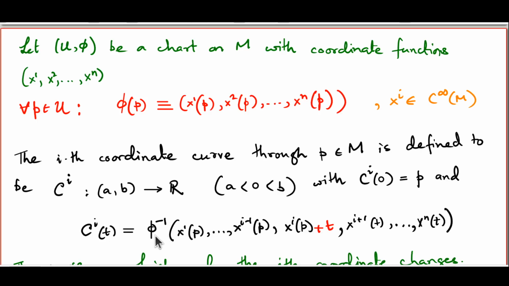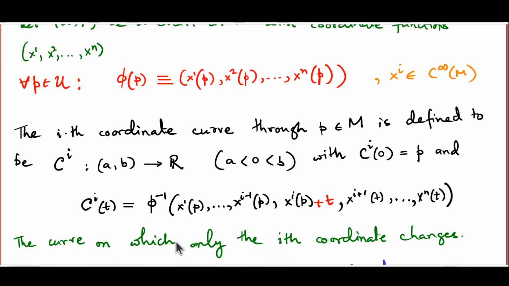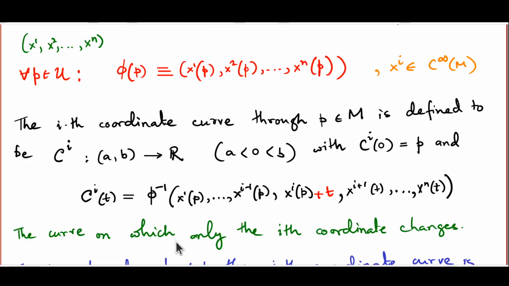And phi inverse, of course, takes you from this bunch of coordinates back to a point on the manifold. So Ci at t, which has to be a point on the manifold, is simply the point you would get if only the ith coordinate were increased by t, all the other coordinates staying fixed. So this is a curve on which, as t varies, only the ith coordinate changes, all the other coordinates retain their value.